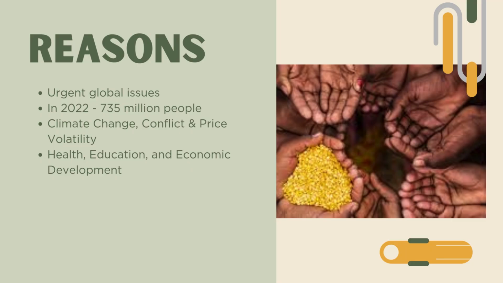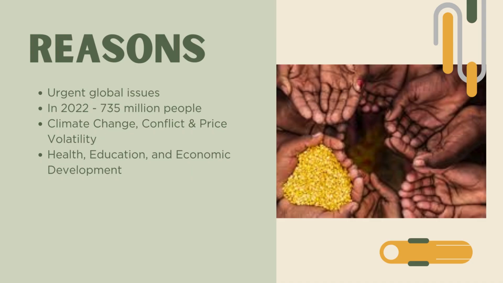I chose SDG 2 because hunger remains one of the most urgent global issues today. According to the United Nations, over 735 million people faced hunger in 2022. Despite progress, climate change, conflict, and food price volatility make it hard for communities to break the cycle of food insecurity.